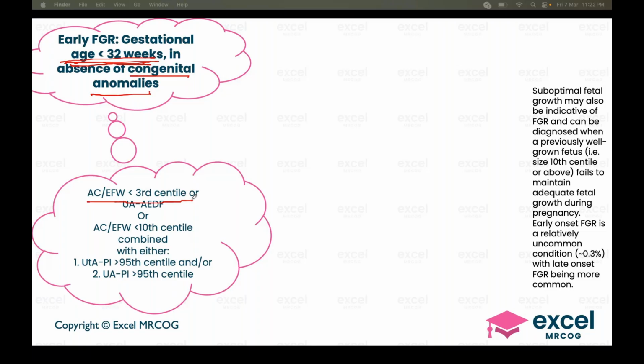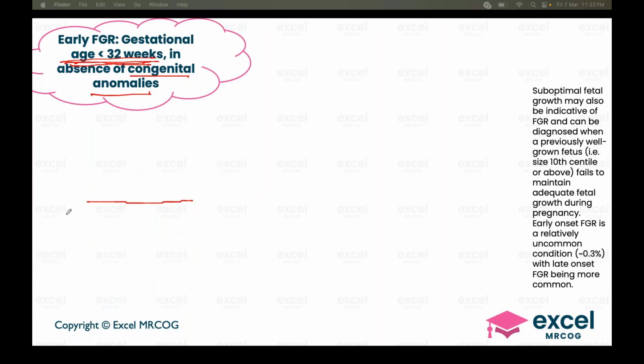So what does this mean? That we know that your FGR is always something that is less than third centile.